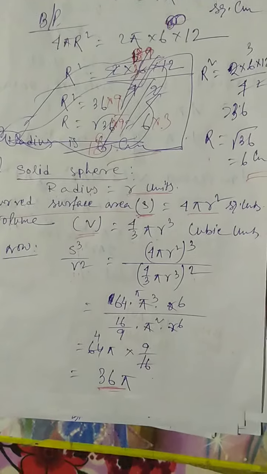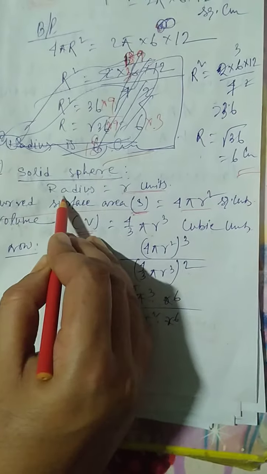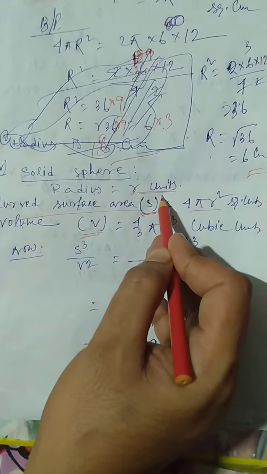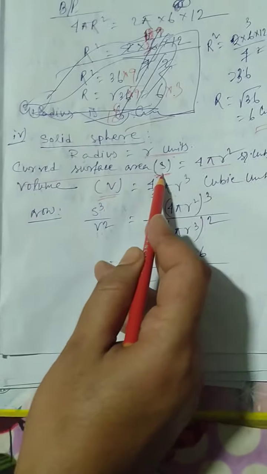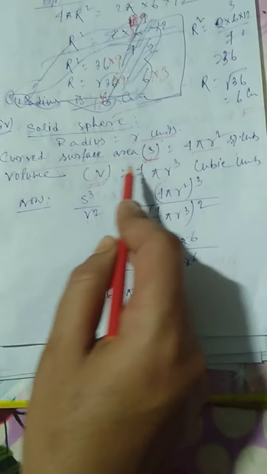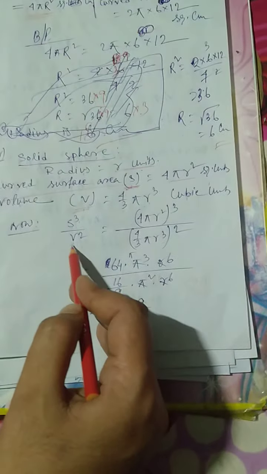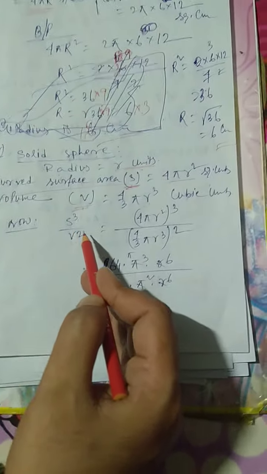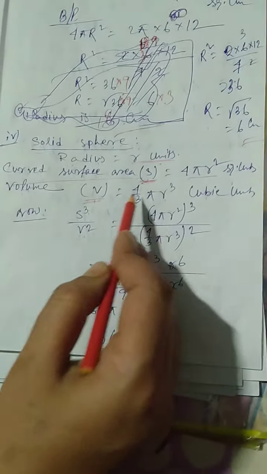And question number 4 is about a solid sphere. Let the radius of the solid sphere be r units, and its curved surface area be S. S equals 4 pi r square. Its volume is V. V equals 4 by 3 pi r cube. Find the value of S cube by V square. So to find the value of S cube by V square, we put the value of S from here.